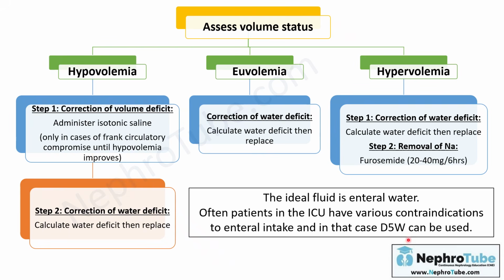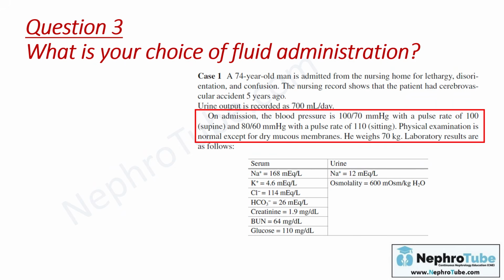The most suitable intravenous fluid to be used in cases of hypernatremia is dextrose 5%. So for our patient, please answer in the chat box, what is the suitable fluid that must be used in this patient? What do you think? Write in the chat box.